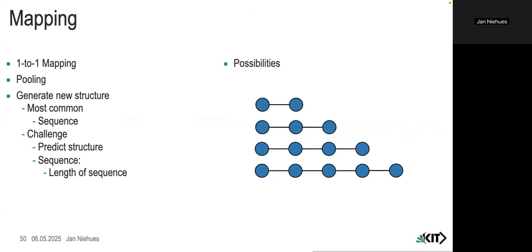And predicting structure means in this case that you have to predict the length of your sequence. So it can be that your answer is 2 points, 3 points, 4 elements, and so on. At least in sequences, that is easy. The only thing of structure that you need to predict is the length. You don't have to predict how they are connected, because that's always the same. But the right prediction of the length is this additional challenge. You not only have to predict the value, as we had before, but you also have to predict the structure.